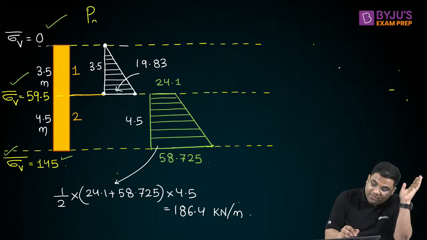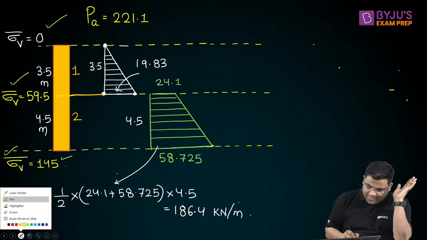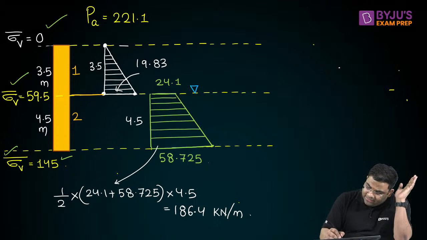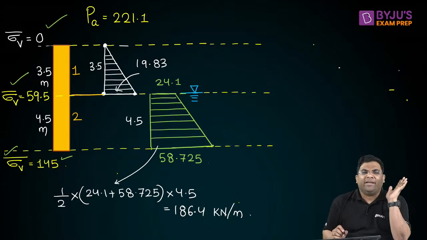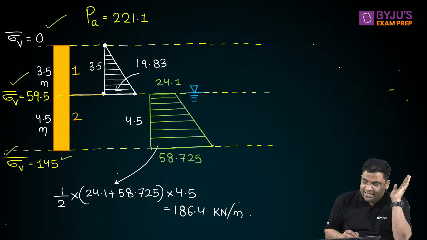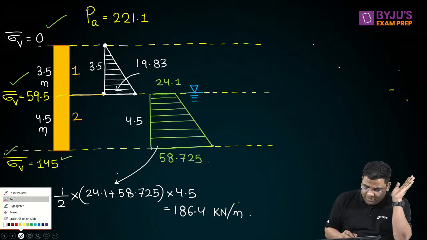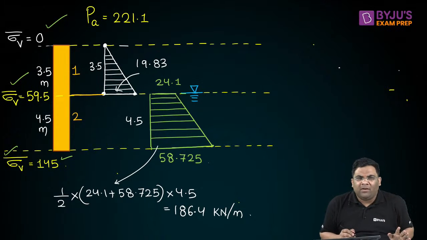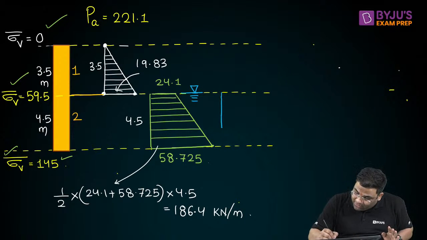Now you see the total active force was coming 221.1. Now this was due to soil only. Suppose there is water at this level, and gamma W is not given. So I can take gamma W as 9.81. Then if I want to find out the total force, I have to take the distribution due to water also.